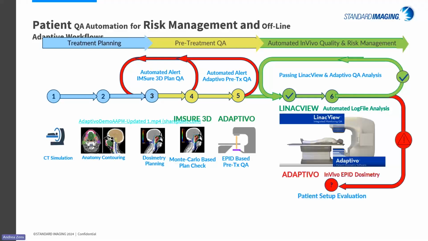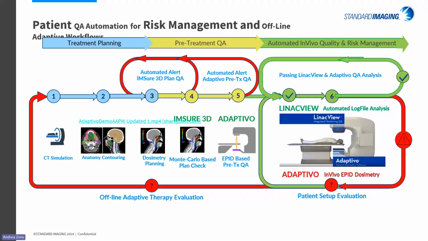These real-time automated solutions are critical for building confidence throughout the treatment process, ensuring patient safety, treatment quality, and mitigating risks for every fraction. Automated alerts enable clinicians to efficiently assess real-time variability in treatment delivery.